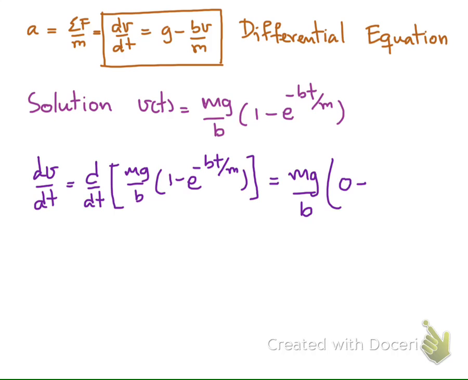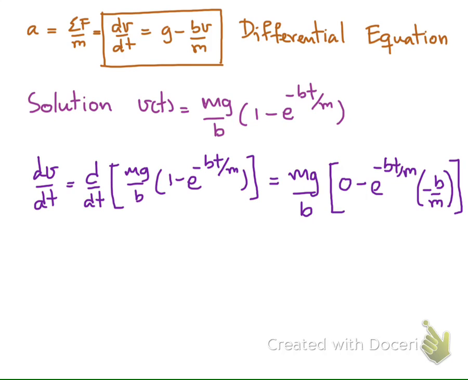So we have this term e to the power of minus bt over m, but you have to multiply this term with the derivative of the power. Okay, the derivative of the power, which here is equal to minus b over m.